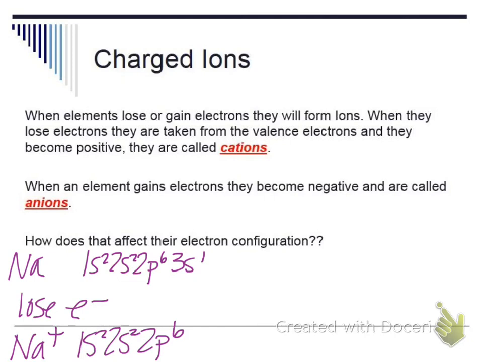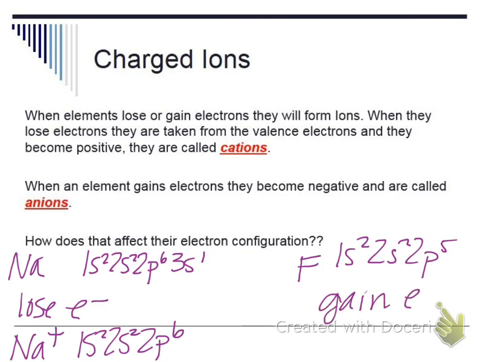Okay? Now let's look at fluorine. Fluorine's configuration is 1s2, 2s2, 2p5. Okay? Fluorine likes to gain an electron. So now it is F with a -1 charge.